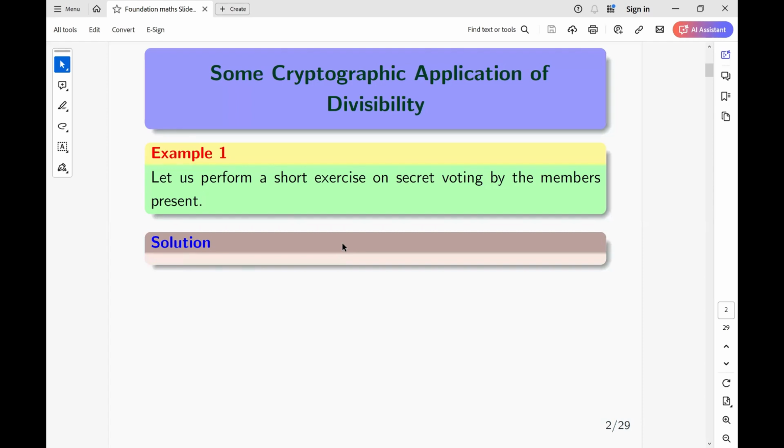Is that okay? The next person also decides what he wants to vote, whether yes, no, or abstain. Then he returns your piece of paper and forwards only his total to the next person. The next person also decides what he wants to vote, returns your paper and forwards the total.